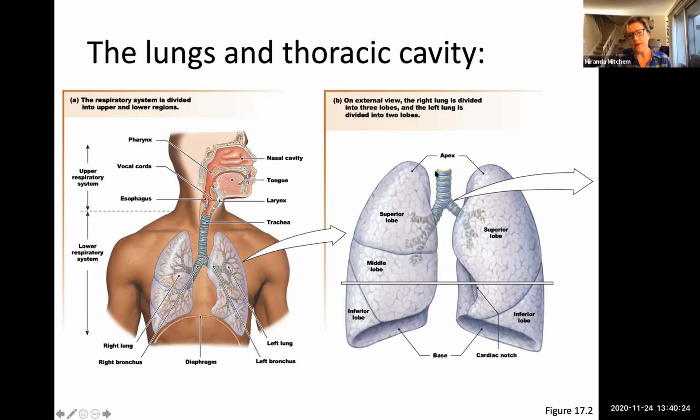Oh, let me point out that the trachea has quite a lot of connective tissue wrapped around it. That's what these little blue rings are. And that's true of some of the airways. So just like we learned about with our blood vessels, different airways have different materials around them or in them, and that's tied to their function.